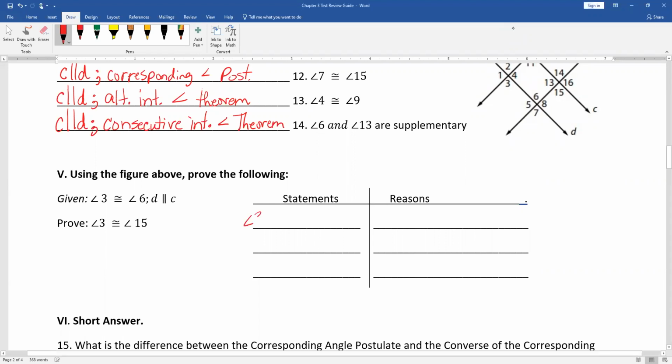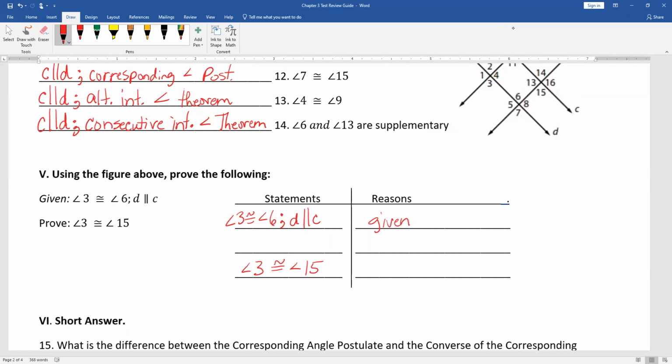So what is always the last statement of your proof? What you're trying to prove. The question is, what are your reasons? Now, the reason for your first one is given.